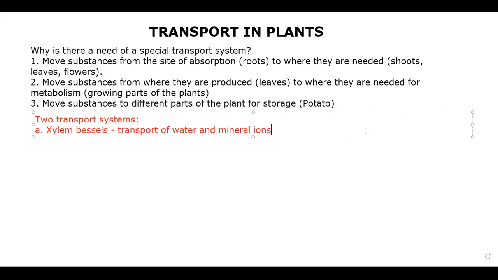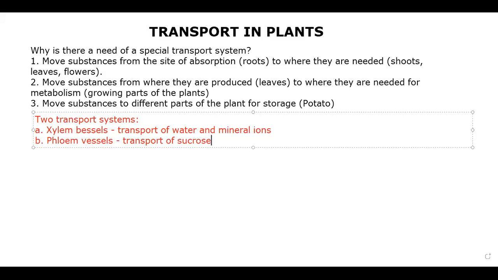And then, of course, we have our phloem vessels. Phloem vessels are involved in transport of sucrose, not glucose. We don't transport glucose as it is.